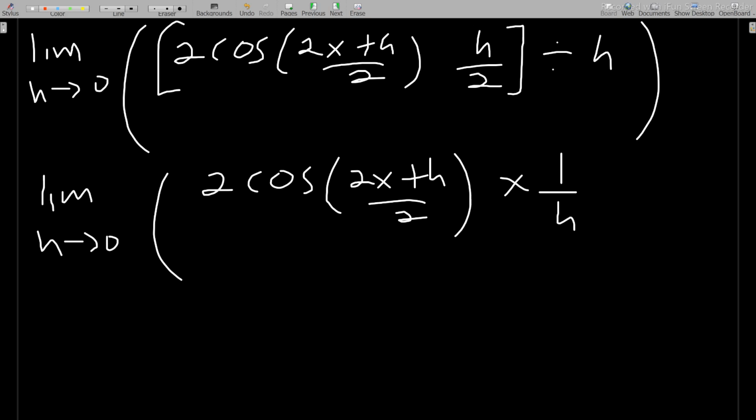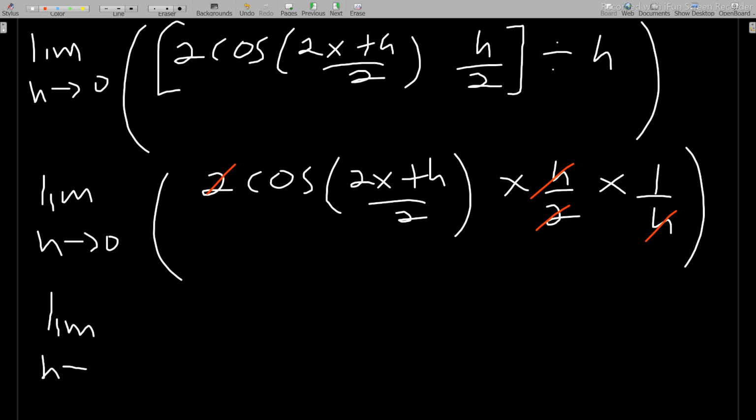So we can take this h off, and we take this 2 off. I'm very sure you'll be able to see that it's just half times the whole of that, and that 2 can go.